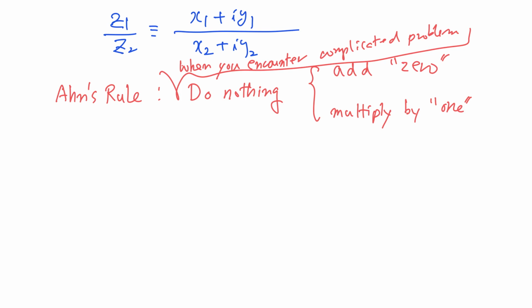And my advice is do nothing. So do nothing in mathematics is you add 0. It doesn't change, right? Or you can multiply by 1. It doesn't change either, right? So let's try to apply this wisdom.